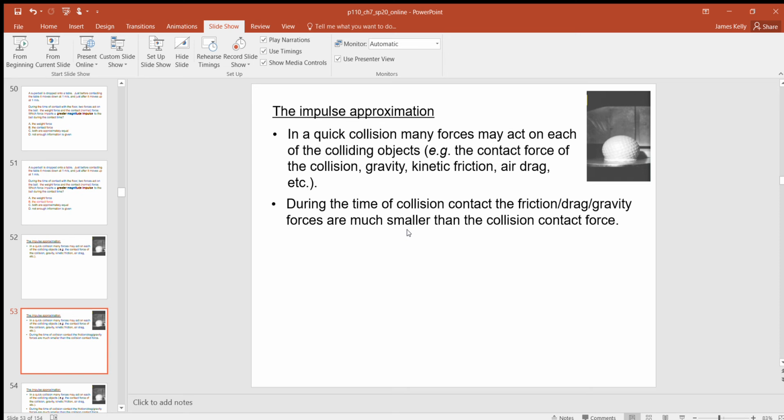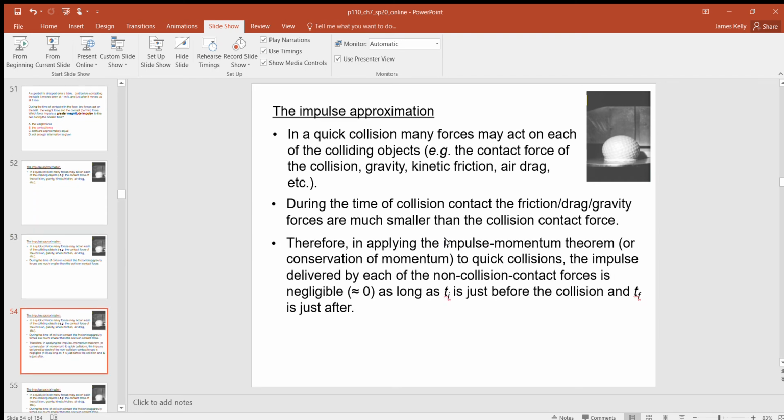In the very, very short time of the collision, from just before they contact until just after they separate, all of the non-contact forces, the friction forces, drag forces, gravity forces, any other forces that aren't the collision contact forces, are so small during that time compared to the collision contact force that we can ignore the impulse that they give to each of the two colliding objects.